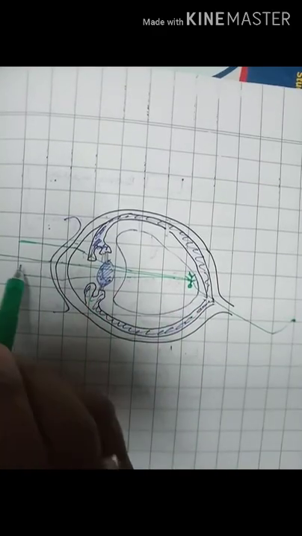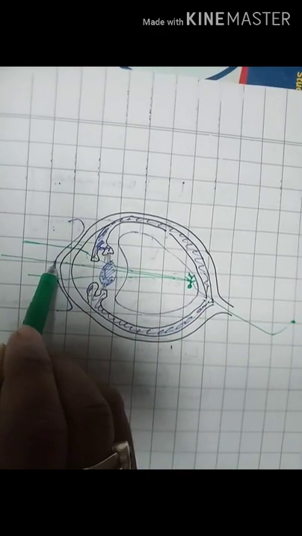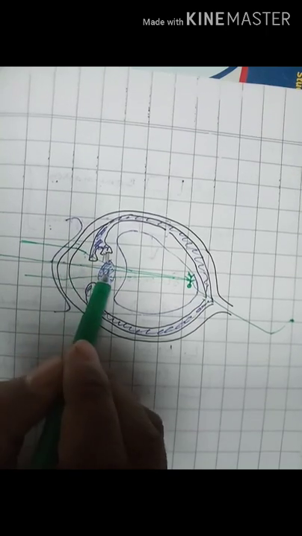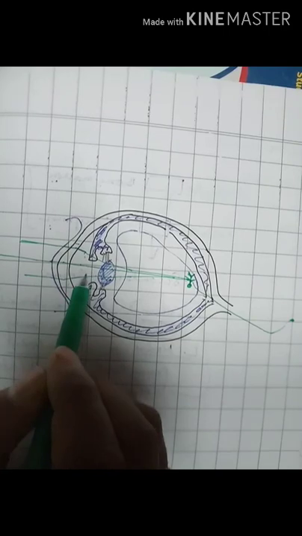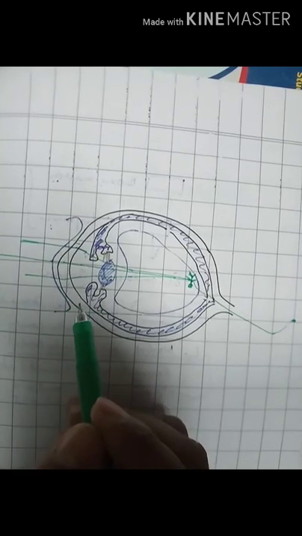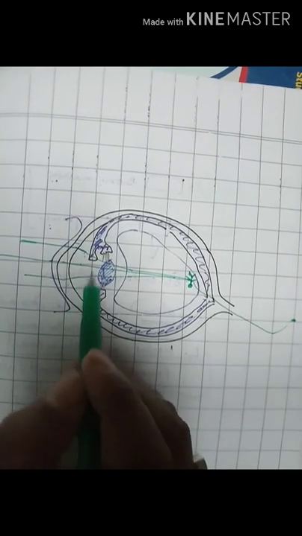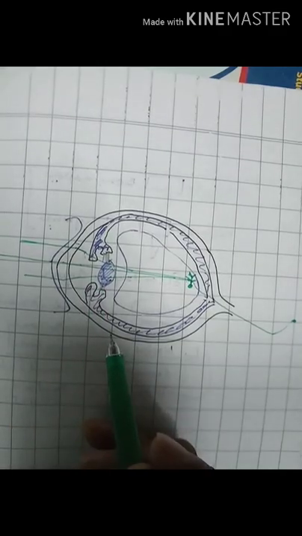The sequence may be asked. So first of all, conjunctiva, cornea, aqueous humor, lens, and then vitreous humor. Never write pupil, because the pupil is the window that is left behind by the iris.